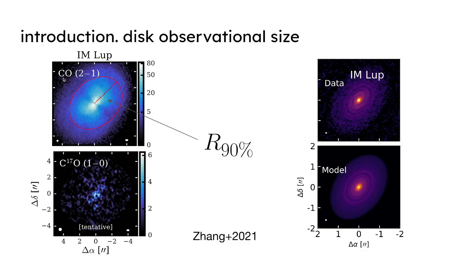So the first one is this CO transition. Why? Because CO is the second most abundant molecule after molecular hydrogen, but molecular hydrogen we can't directly observe because it has very high energy transitions. You need to go into UV.